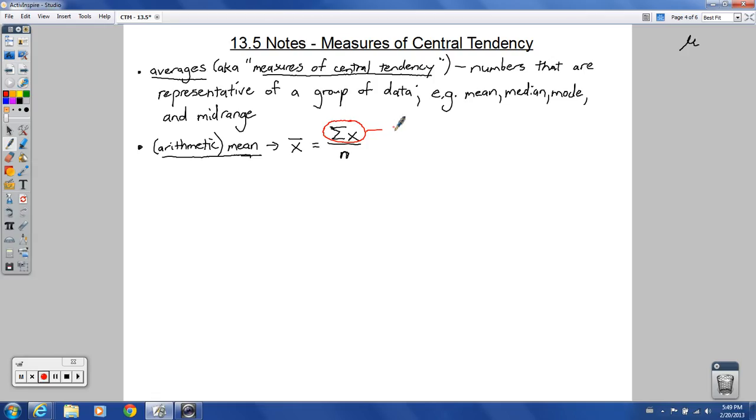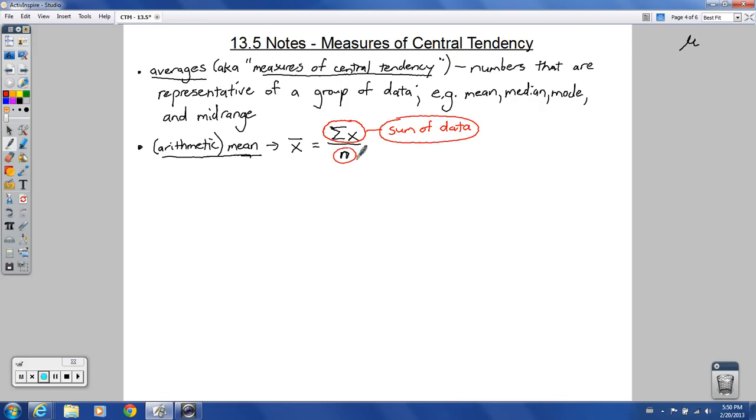So this right here is the sum. This little symbol right here, this kind of weird looking E, that is a symbol in math to say the sum of, and then whatever is after it, the sum of all that stuff. And so this X represents the data. The sum of all the data is another way to say that. So this is the sum of the data. Notice different color here. Please use a different color for the things that I do in different colors on this set of notes here.